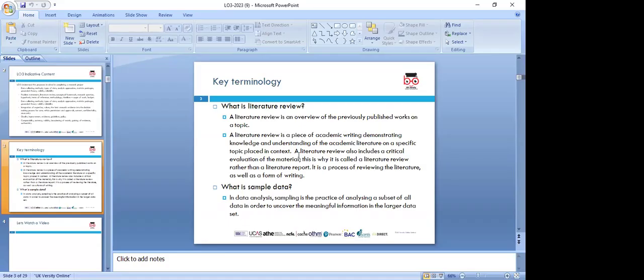And so what you seek to do is a critique, an overhaul of what has been written, and then you do a review. So a literature review is a review or overview of previously published works on a topic. Okay? A previously published work on a topic. You're doing an overhaul, finding out what may be the limitations in that project, and then you critique it so you come up with your own research work. Okay.